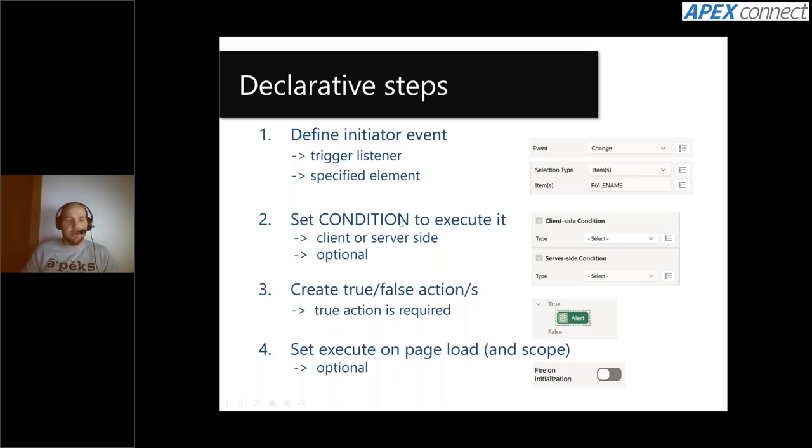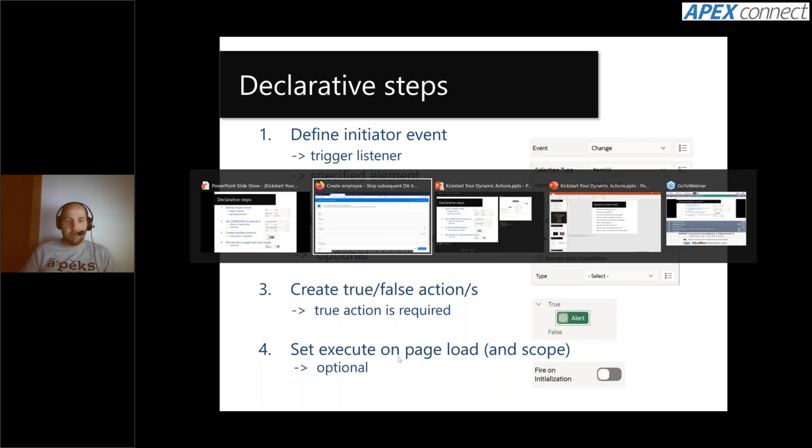So if we set the condition to be applied to a dynamic action, then we have an option to create a false action. So let's say I say trigger only when job equals salesman, and then I could do false, otherwise do something else. That's how this condition and true and false are connected to each other. And optional, again, we have page load and a scope.